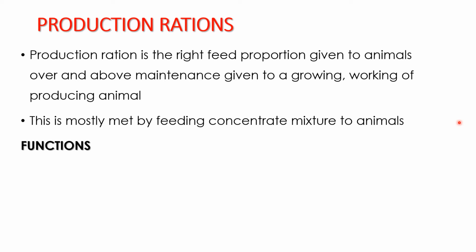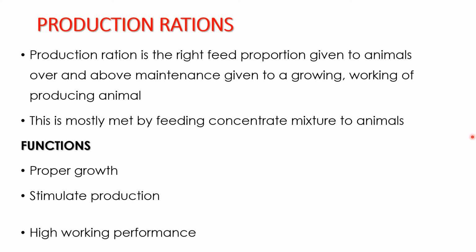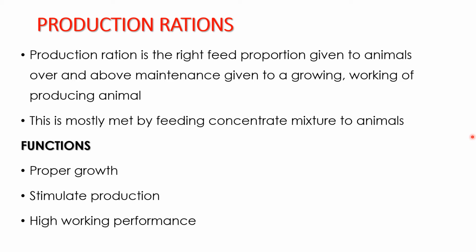Why do these animals need to be provided with production rations? In order for them to grow well, for their proper growth. Apart from that, it will stimulate production. If the animals were giving less yield or less produce, because of production rations, they are able to give you enough produce.